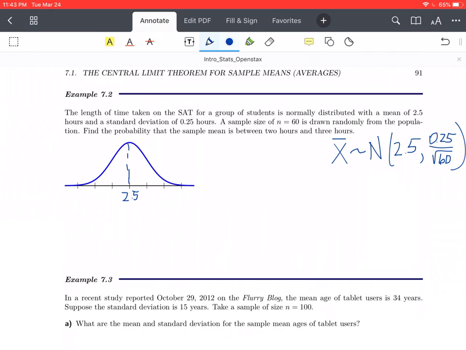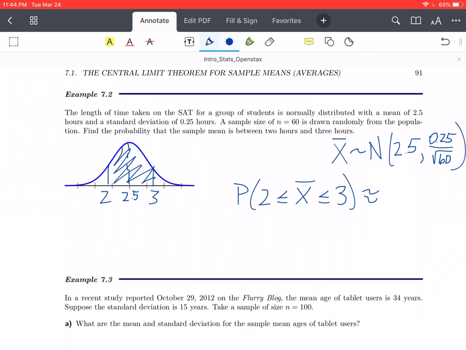And we are trying to find the probability that the sample mean is between 2 hours and 3 hours. So we're looking for the probability that x bar is between 2 and 3, wherever those values are on this graph.